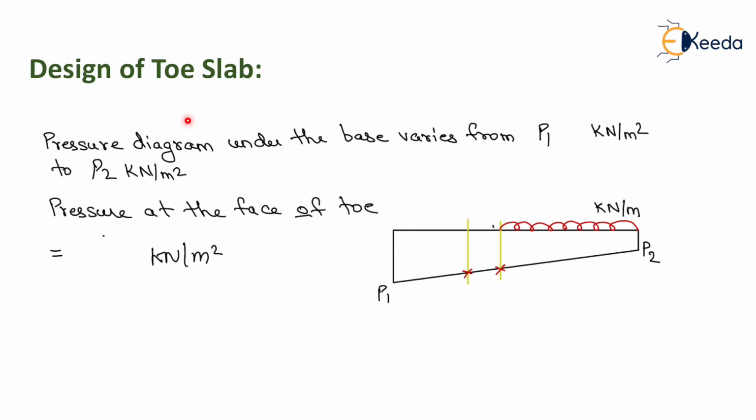Now design of toe slab. Pressure diagram under the base varies from P1 kilonewton per meter square to P2 kilonewton per meter square. Pressure at the face of toe is calculated in kilonewton per meter square.